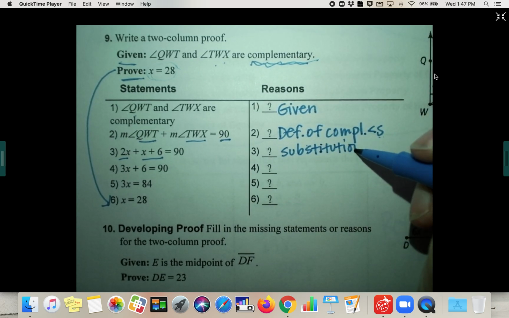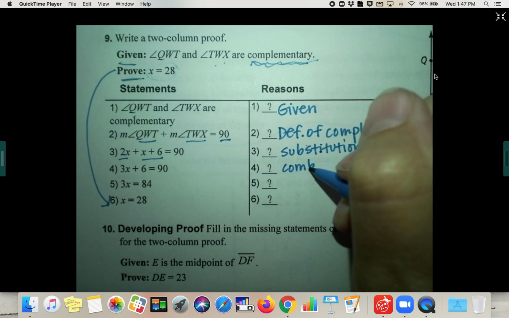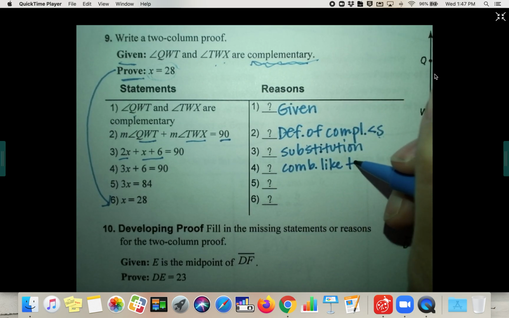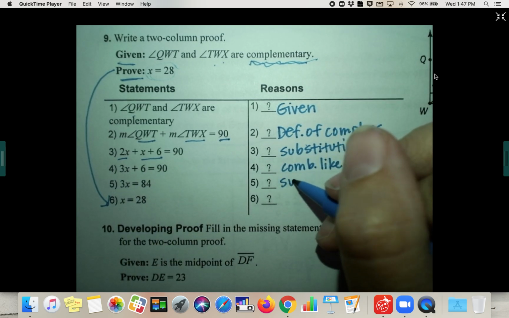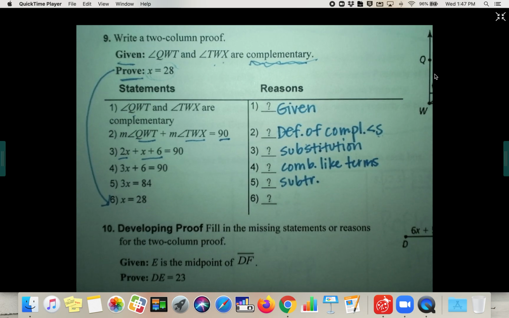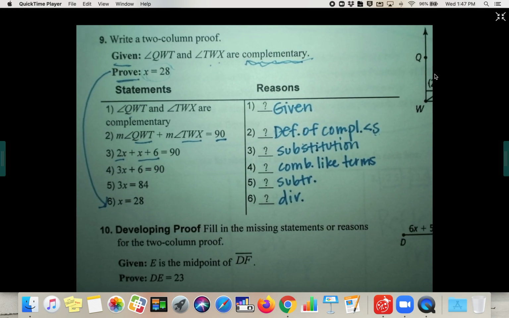Substitution. Okay, and then the next step, they combine their like terms. So we're just going to write they combine like terms. And then second to last, they have subtracted 6 on both sides, so that's subtraction. And then very last, they got x equals 28, and that is by division. Okay, you have completed a 2-column proof.